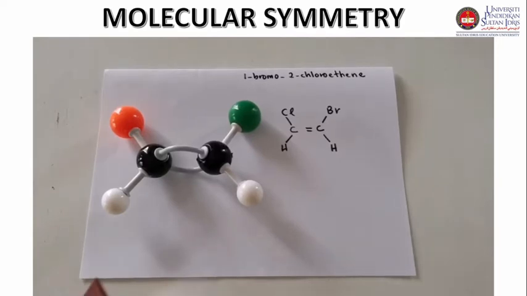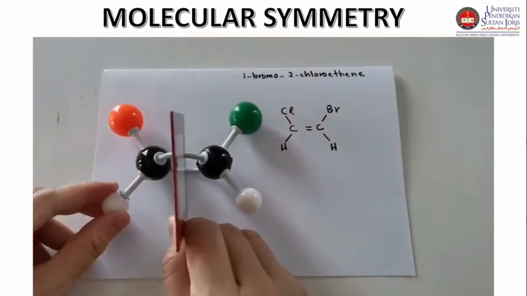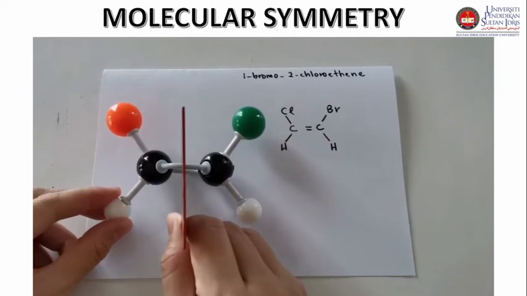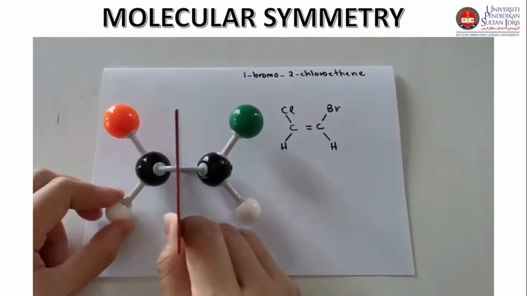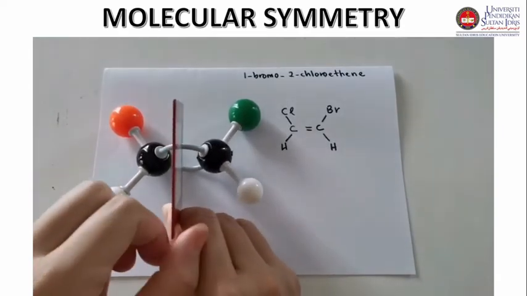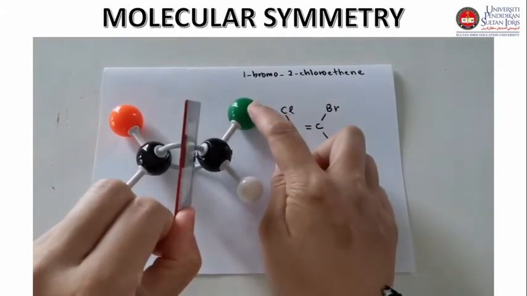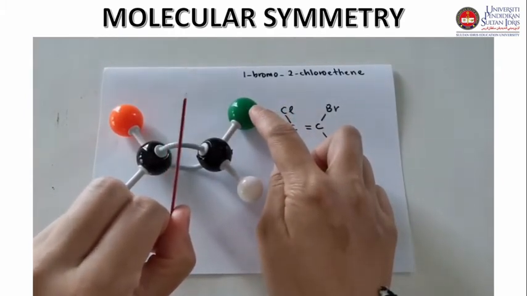Now we check whether a plane of symmetry is present in the molecule. If we check through this plane, we can clearly observe that both hydrogens reflect each other and are equivalent, but chlorine and bromine do not reflect each other. The position of chlorine takes the place of the bromine atom and bromine that of the chlorine atom, so we cannot get an equivalent configuration after the reflection. So this plane does not exist in this molecule.